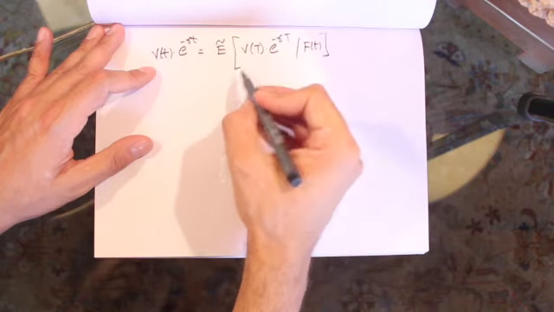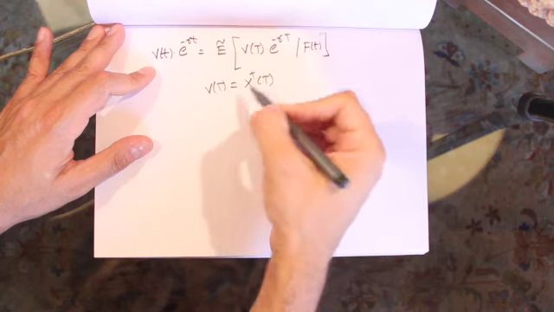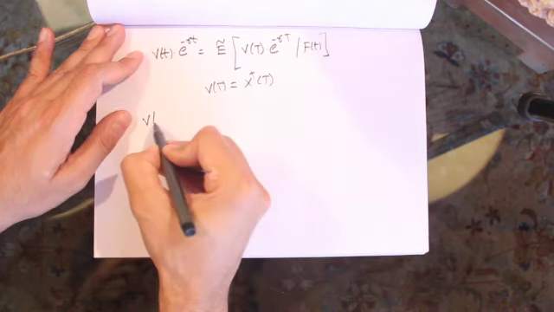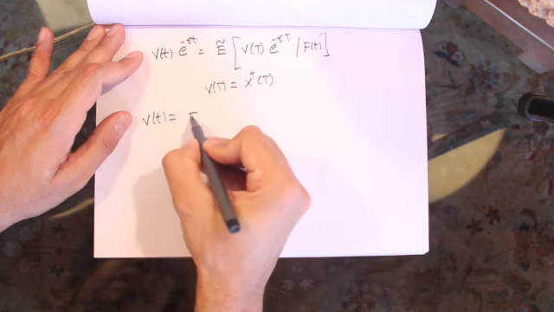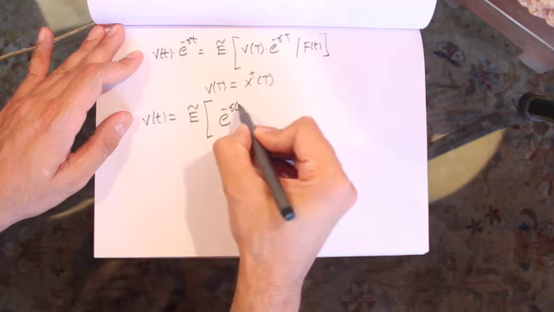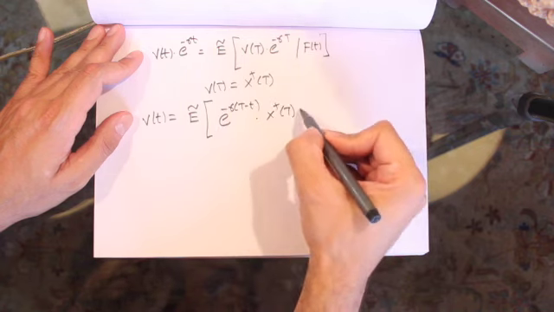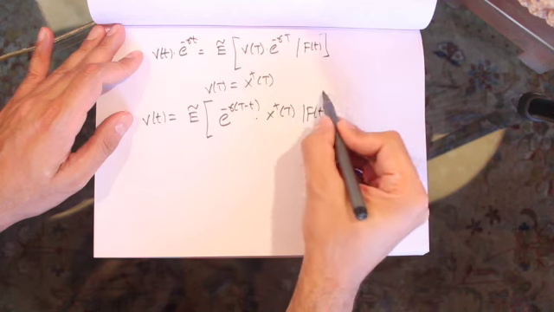I just showed you that V of T was equal to X plus of T, so we can substitute the value here and we'll get V of small t equals the expected value under the risk-neutral measure of e to the power of minus r(T minus t) X plus of T given information at time t.